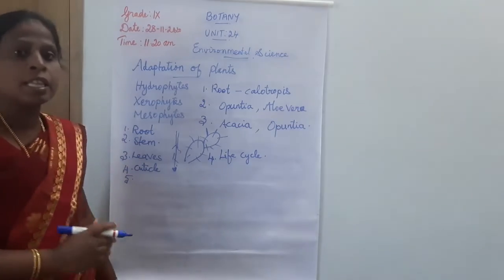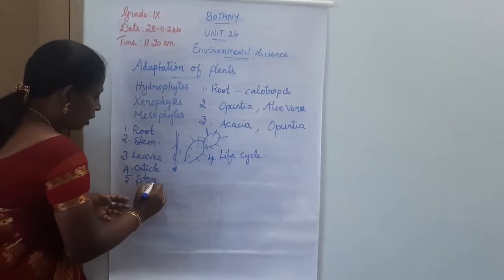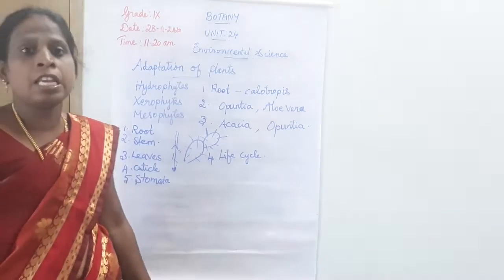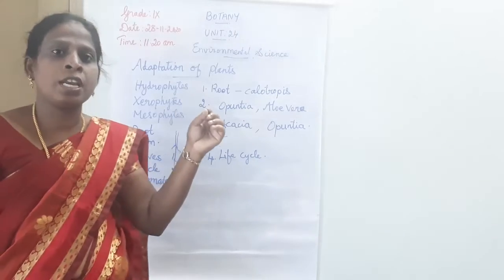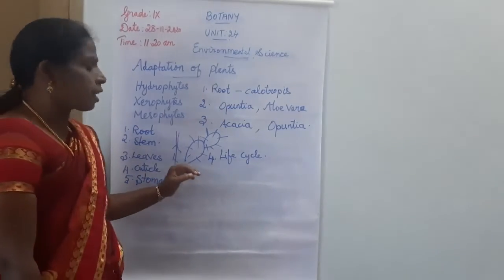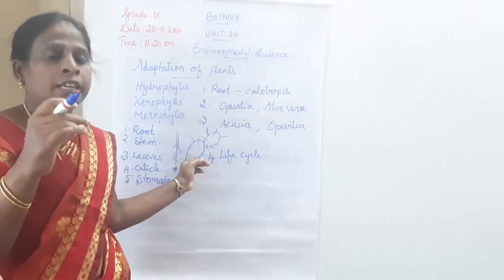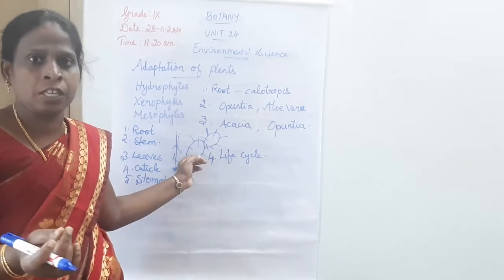The fifth one is the leaf consists of stomata. What are stomata? The tiny pores present in the leaves are called stomata. Through stomata only the transpiration takes place. So it can reduce the transpiration rate by closing and opening of the stomata.